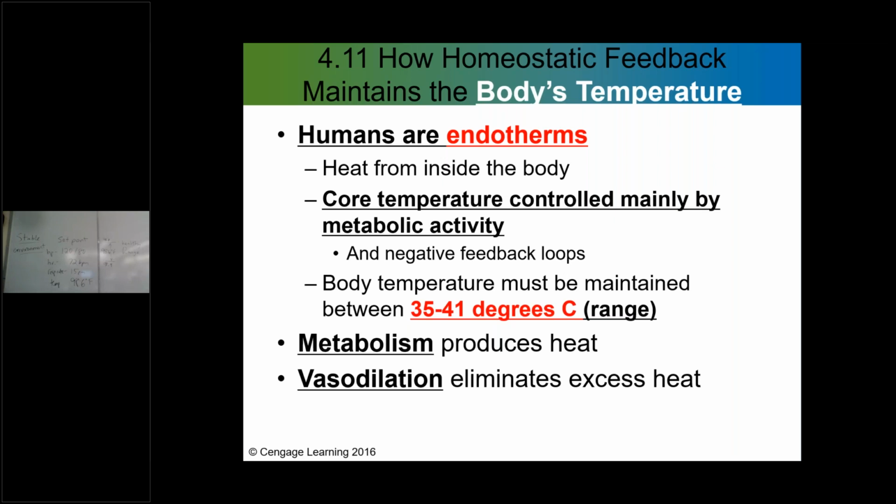It's going to feel hot, and that's going to relieve some of the heat that's produced inside the body. That's a good thing. So with vasodilation, increasing the size of the blood vessels, more blood is going to come to the area. It's going to look like you're more flushed, and it's going to eliminate the excess heat. It's going to give it off, so your skin's going to feel hot.